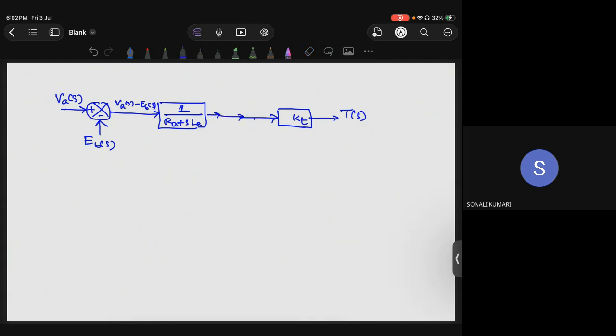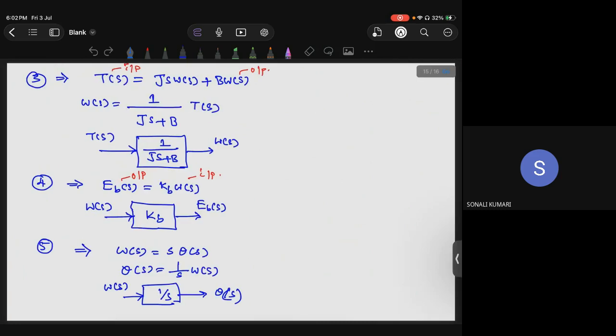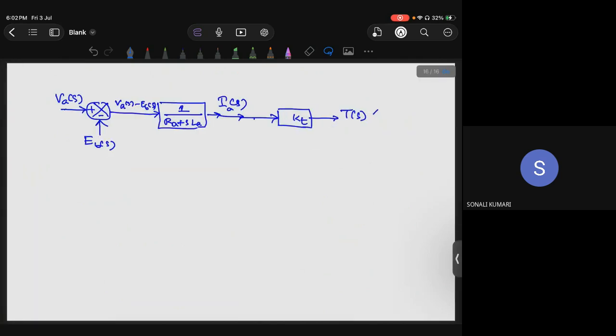Now you can see this is the IA of S, and the output here is PA of S. Check the next one and connect it there. I'll put it here.